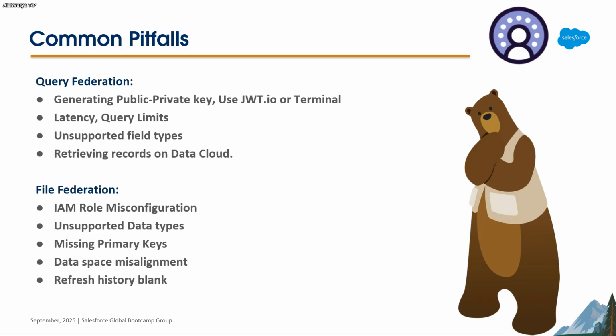Then file federation, IAM role misconfiguration. It's again a crucial concept in AWS, and while working on file federation, this is a very important concept. The first thing you're going to do is create an IAM role and provide the proper policies.